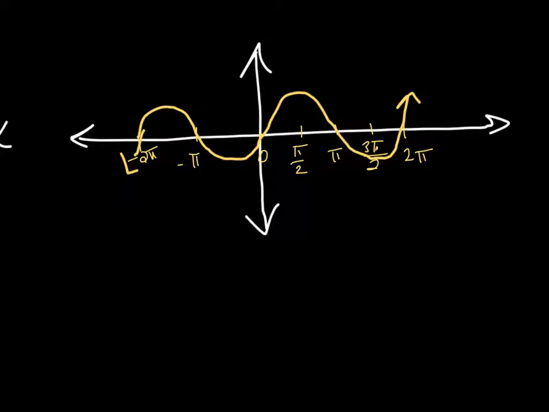If we look here around 0, we can include everything from here all the way up to here. If we include any more, it won't be a one-to-one function because we won't pass the horizontal line test.